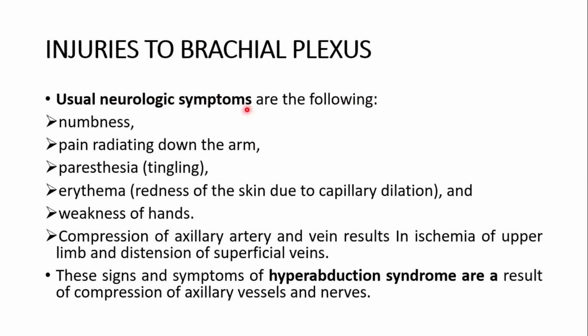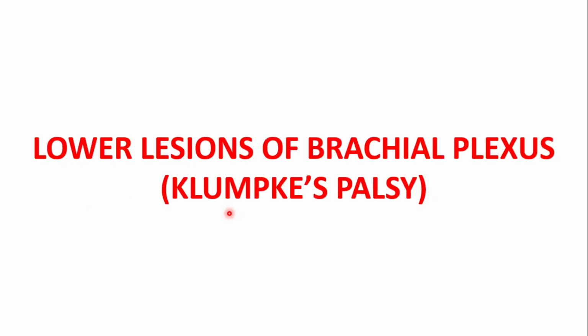Usual neurological symptoms are numbness, pain radiating down the arm, paresthesia or tingling, erythema, the redness of the skin due to capillary dilatation, and weakness of the hands. Compression of the axillary artery and vein results in ischemia of the upper limb and distension of the superficial veins. These signs and symptoms of hyperabduction syndrome are a result of compression of the axillary vessels and the nerves.